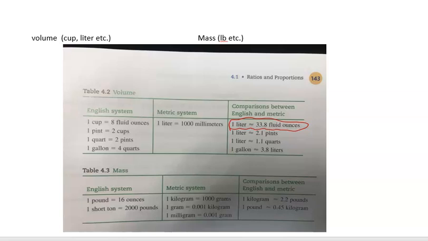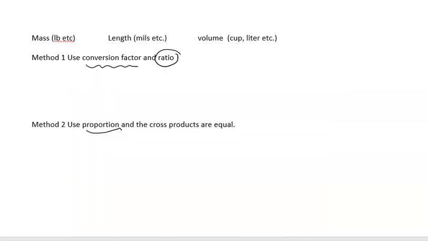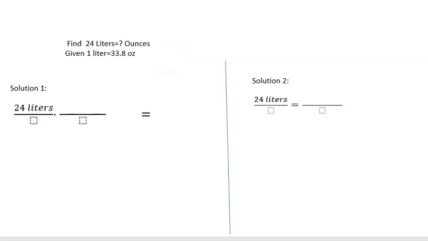In order to do all these different conversion problems, we need to use either multiplication or division. But if you're not sure whether you should do multiplication or division, or which one times which one divided by which one, we can use a ratio or proportion to help us. So let's first look at this example.